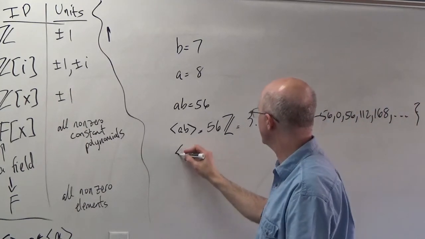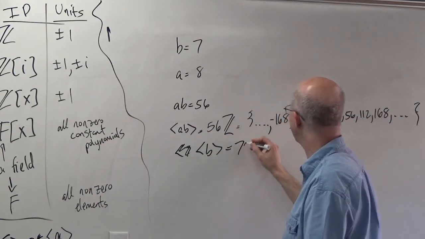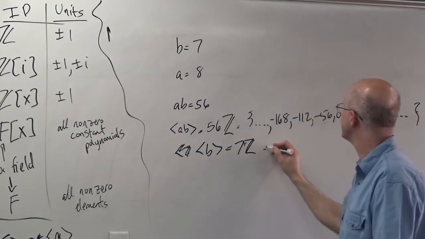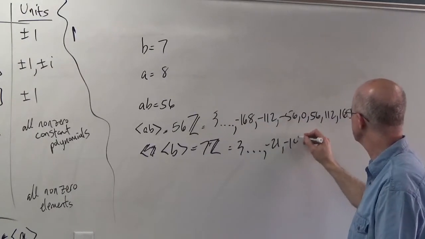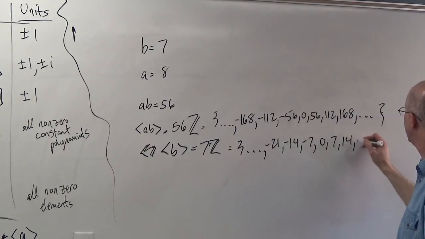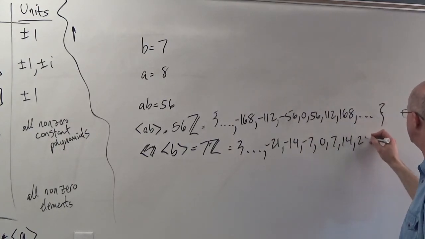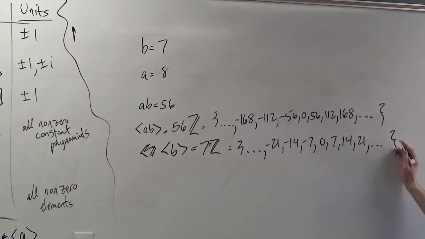The ideal generated by B, 7, is 7Z, all multiples of 7, and certainly the first ideal there is a subset of the second. Everything in here is in here.